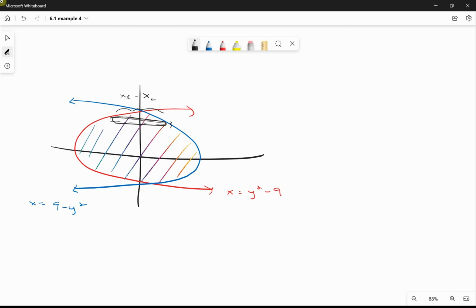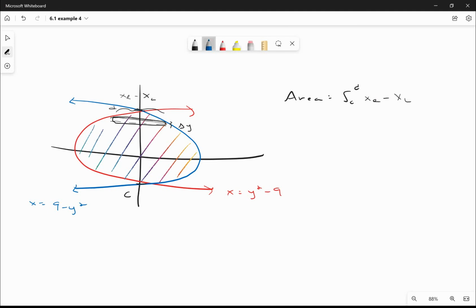And our width is delta y now instead of delta x. So area is equal to the integral from c to d, where c is this lower y value and d is this upper y value where the curves intersect, of xr minus xl.